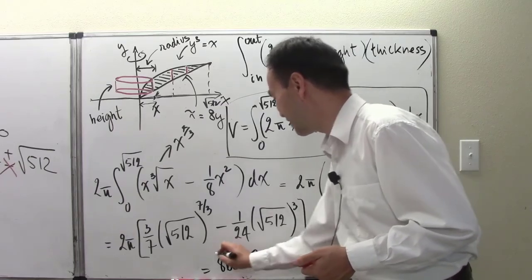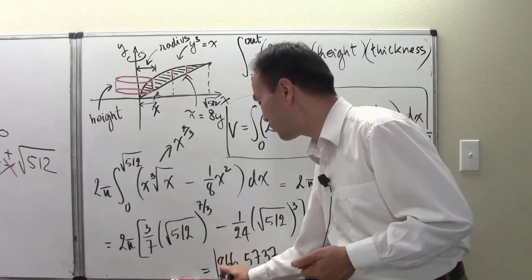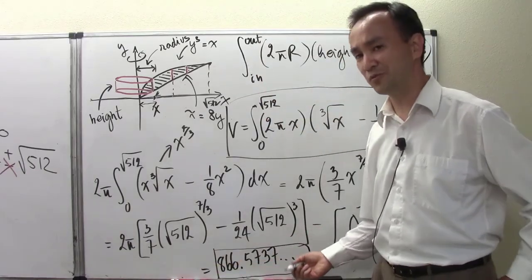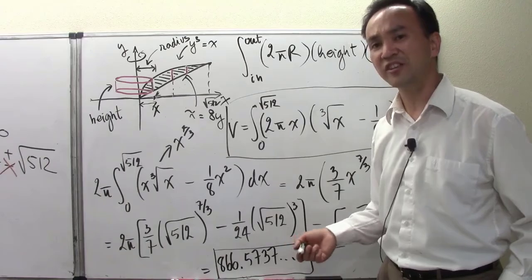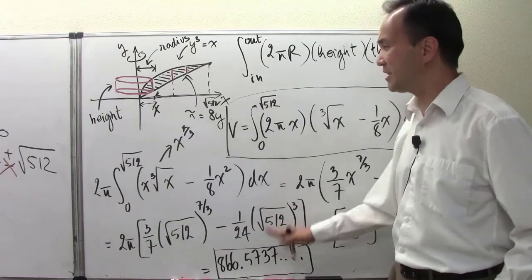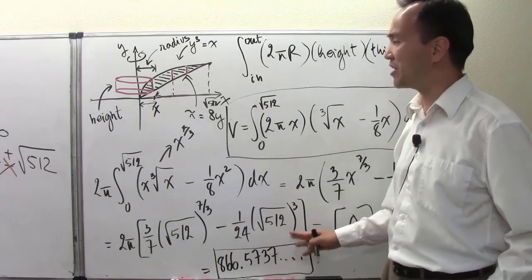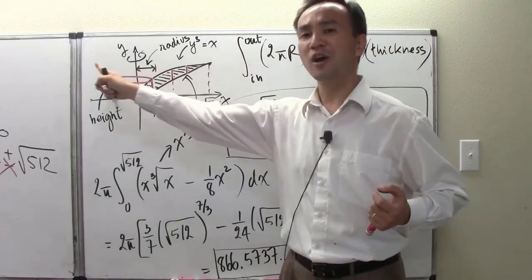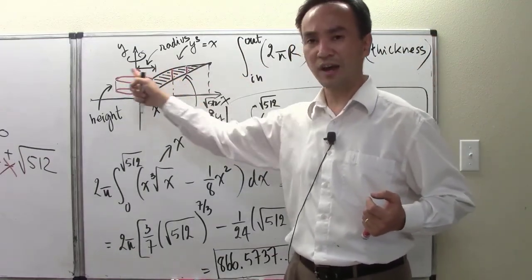How far we round, that's up to the requirements in each of the problems that we're doing. But this is the volume of our solid that's generated by rotating this enclosed region around the y-axis right there.